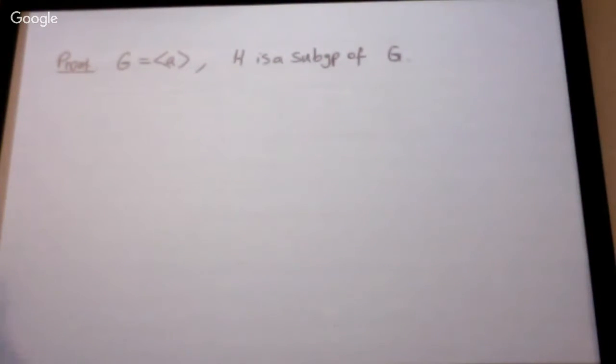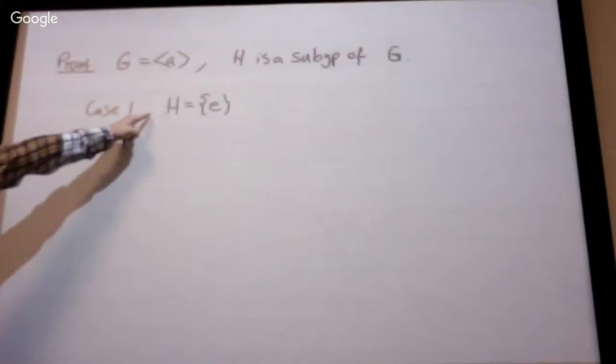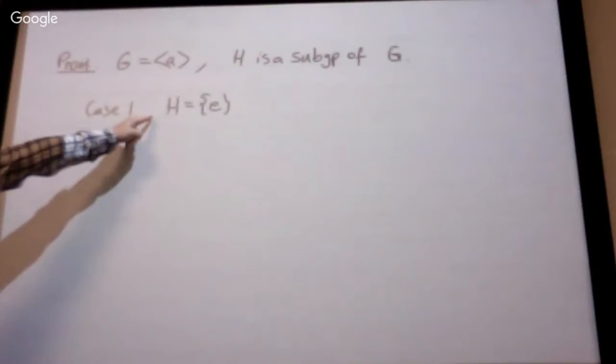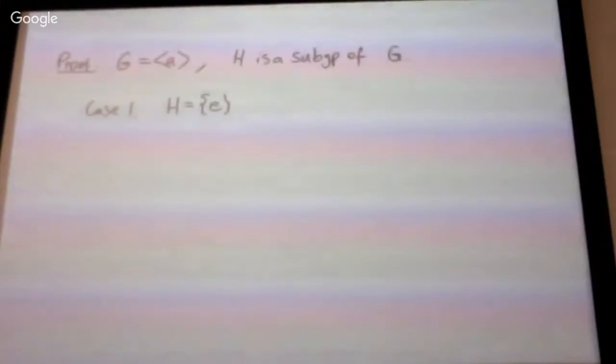G is all powers of A. H is a subgroup, so it definitely contains the identity. If it doesn't contain the identity, it's not a subgroup. Case 1: H is just the identity and nothing else. Is it cyclic? Yes, it's generated by the identity. So that's okay.